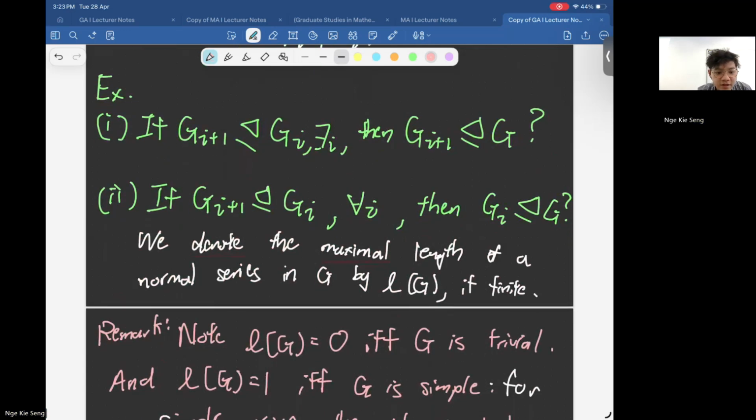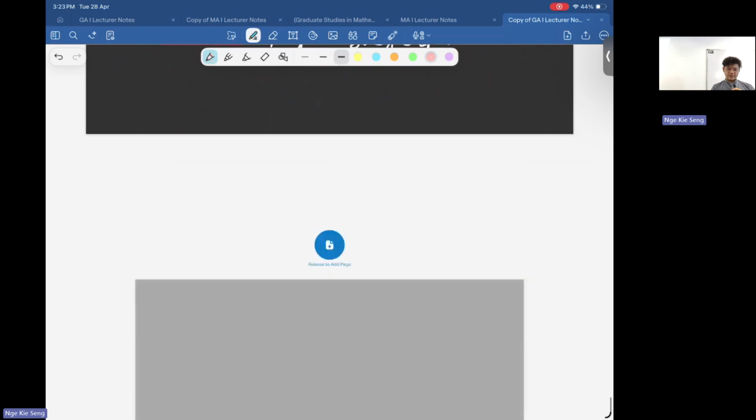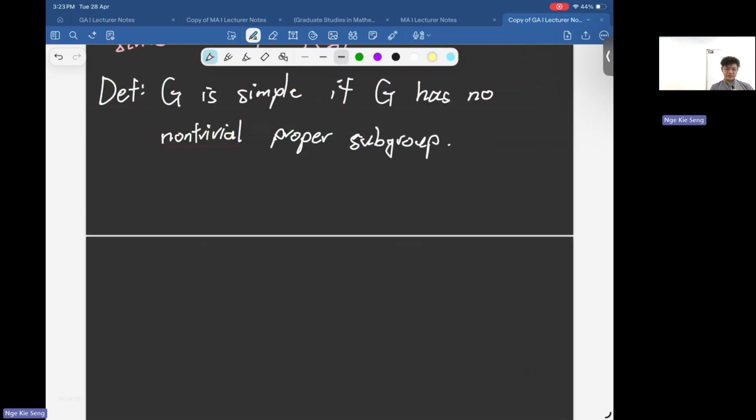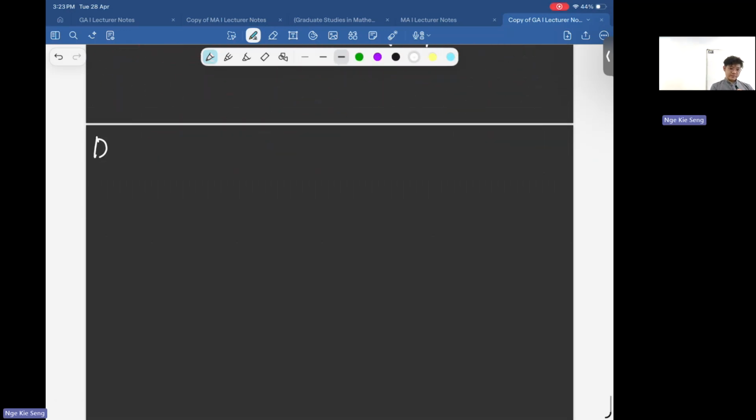Maybe let me give this definition first. I want to comment on the relation between primes and numbers, and the composition series and a group.